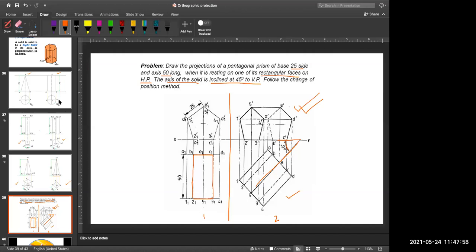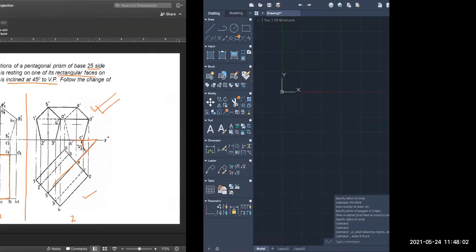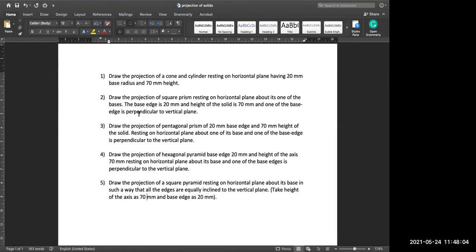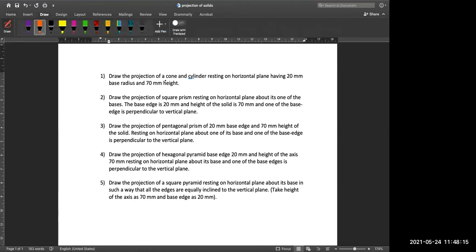First, let us see what are the questions that we have to solve in this unit. These are the questions. Draw the projection of a cone and cylinder resting on horizontal plane.